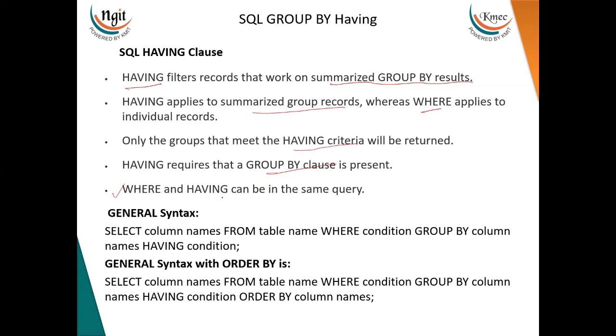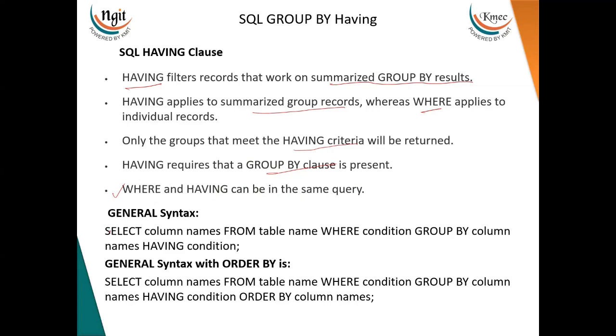Whenever you are working with having along with the group by clause, you can also make use of the where clause. So where is a clause which is applied for the individual records in the table, whereas having is a condition that you can impose on the resultant set that you obtain when a group by clause is applied for the table.